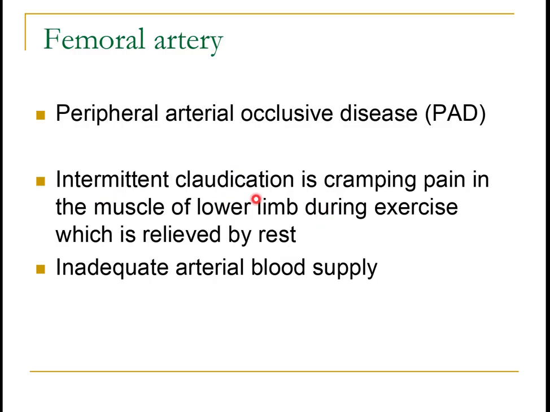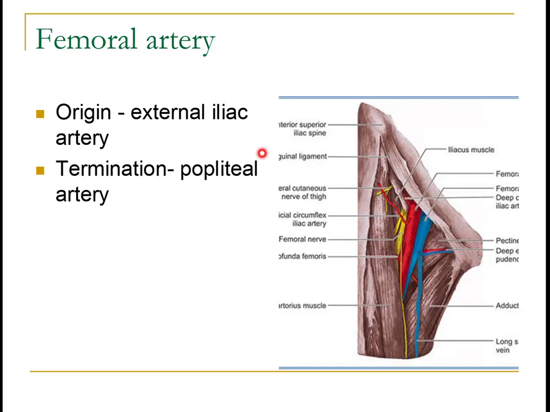The main reason for the intermittent claudication is inadequate arterial blood supply to the muscles of the lower limb. This peripheral arterial disease is commonly seen in diabetics and also in chronic smokers. Those are the predisposing factors for the peripheral arterial disease.